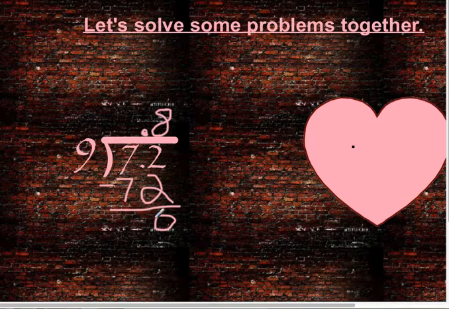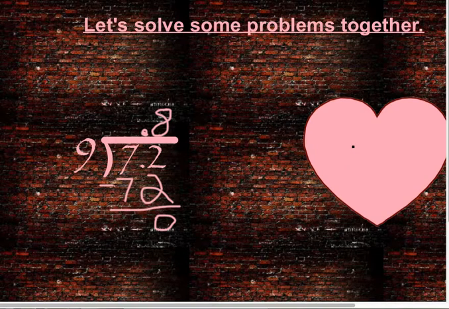And 9 goes into 72 8 times. So we're pretending the decimal isn't even there. And we do 8 times 9 is 72. So we've divided, now we're multiplying and subtracting. So our answer is 0.8, or the proper way of saying it is 8/10.